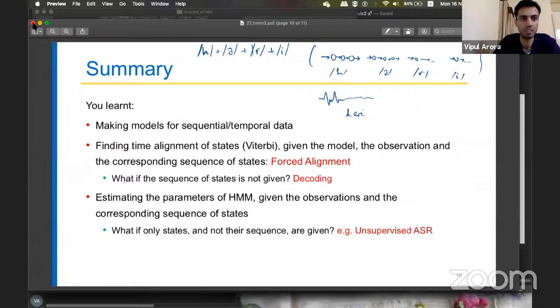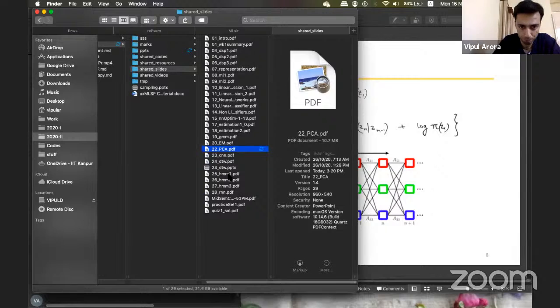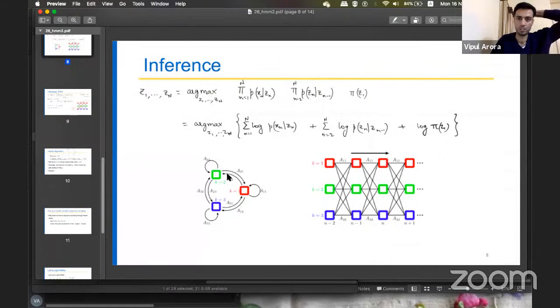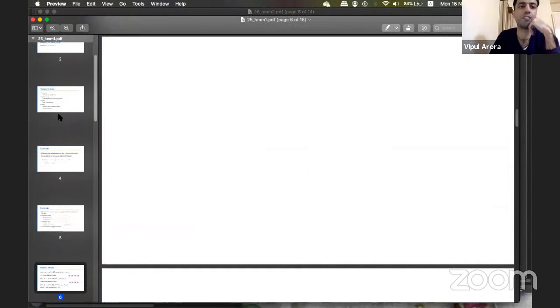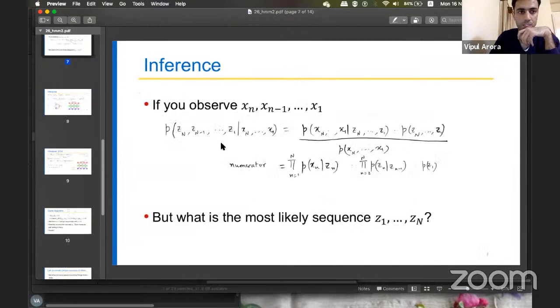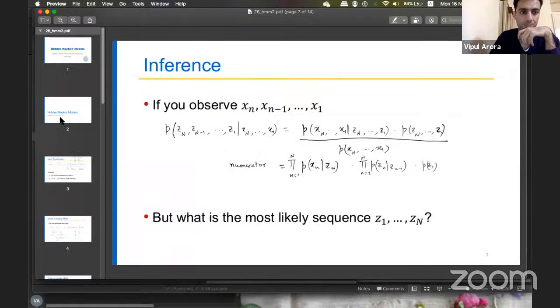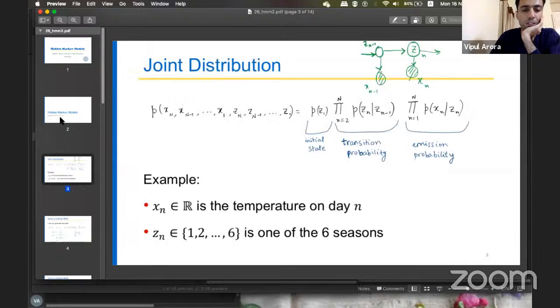Let's start with our next discussion on hidden Markov models. Yesterday, in the last class, we were discussing Markov models, and I gave you many examples regarding Markov models. Let us today discuss one concrete example and some mathematics of Markov models.